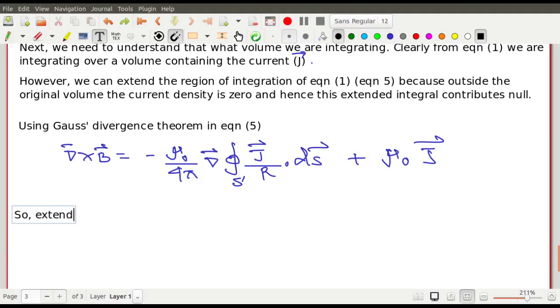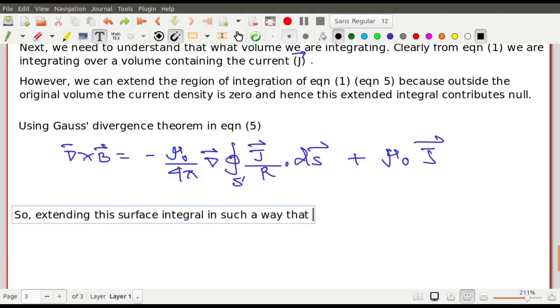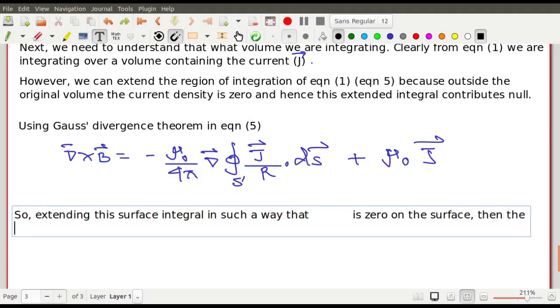এইবারেতে if we extend this, so extending this surface integral in such a way that j vector is 0 on the surface, then the integral will come out to be 0.